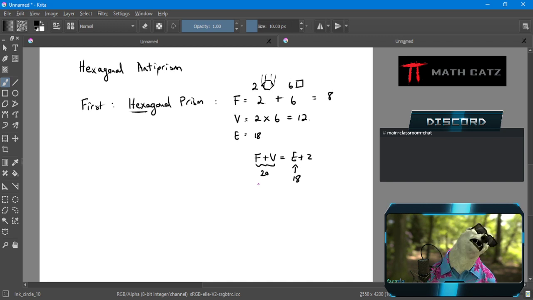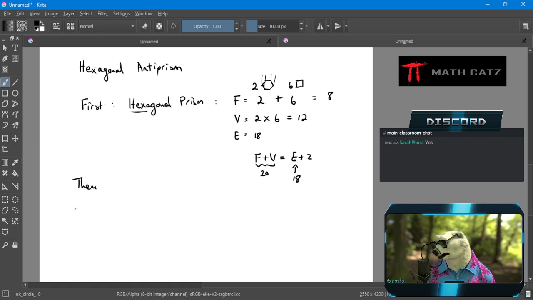Everyone happy with how we get faces, vertices, edges for the hexagonal prism? And we need that before we can deform it, just like we needed to know the platonic solid before we altered it to make the truncation.